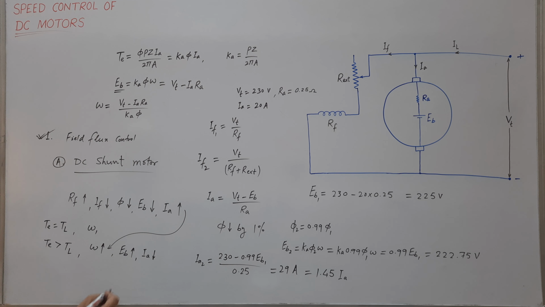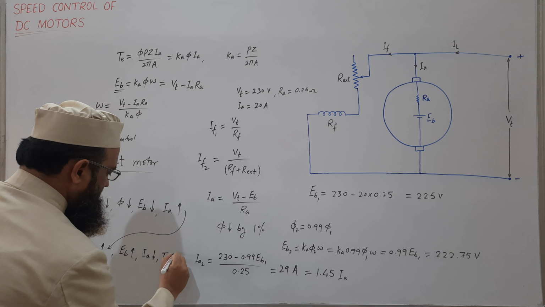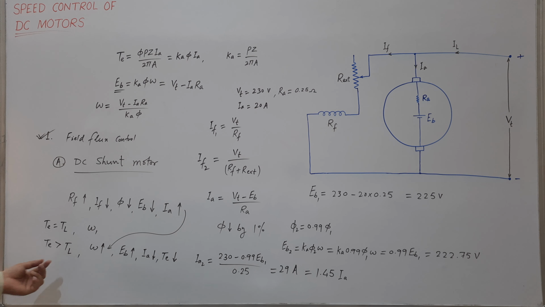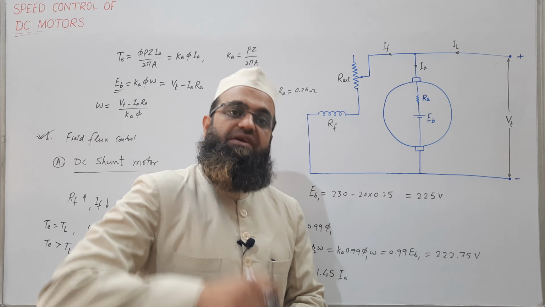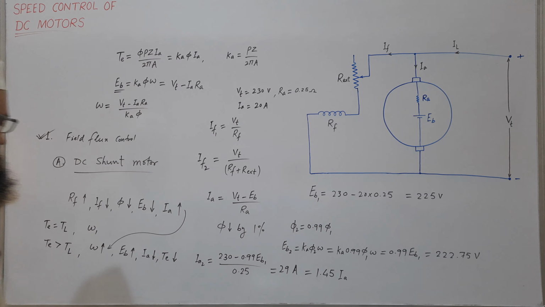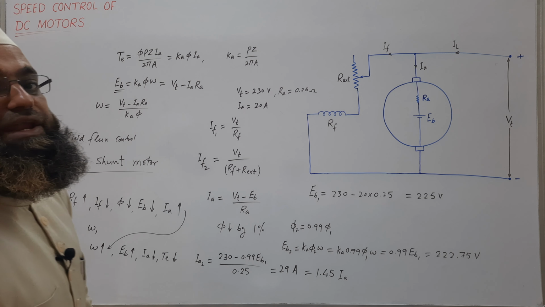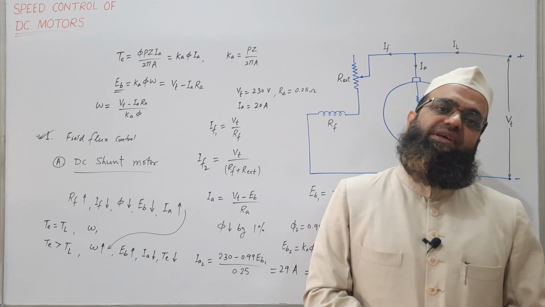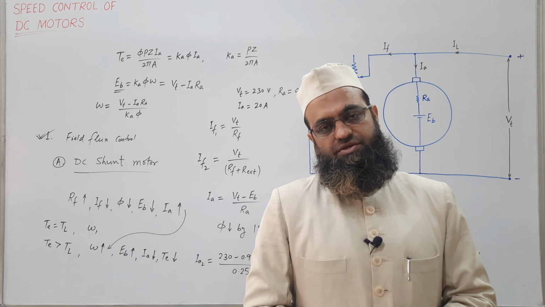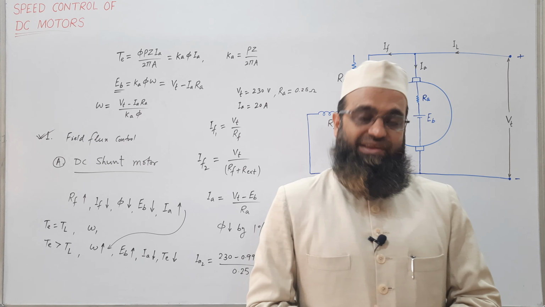Once TE starts decreasing, this difference will start decreasing. So the acceleration of the motor will start decreasing. But still, omega will continue to increase. As long as acceleration is there, whether small or large, the speed of the motor will increase.